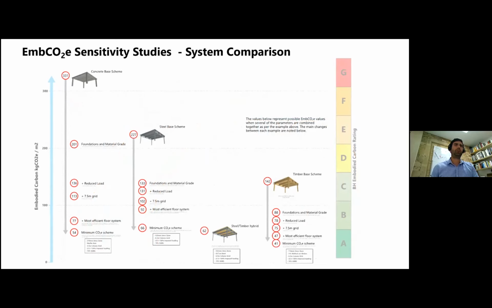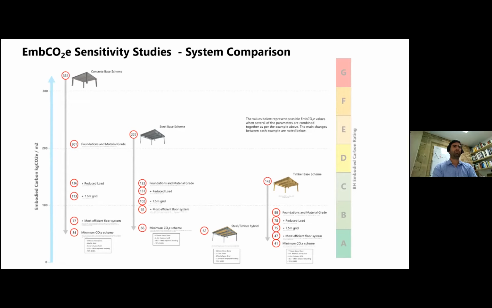I'm doing this not only for the concrete solution, but for the steel solution and for the timber solution. And importantly here, really looking to see that there is significant potential to drive down the embodied carbon.